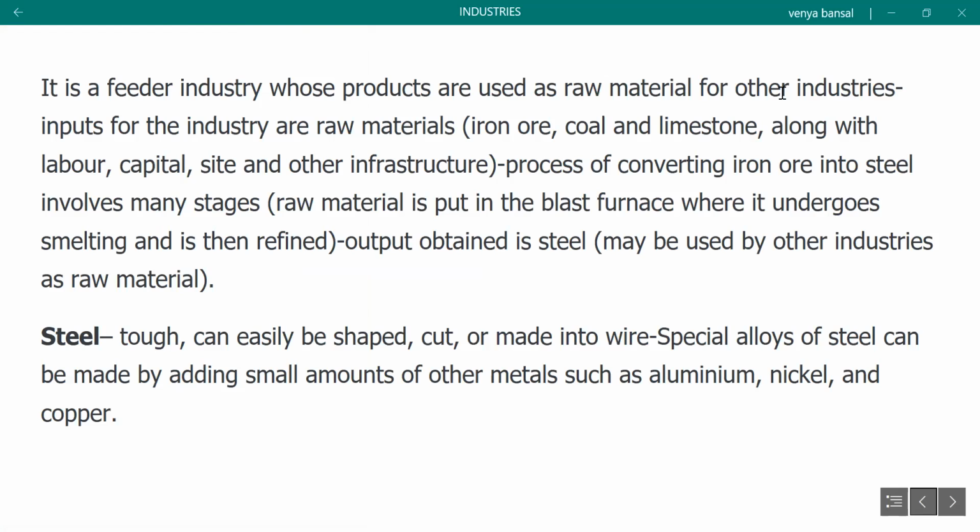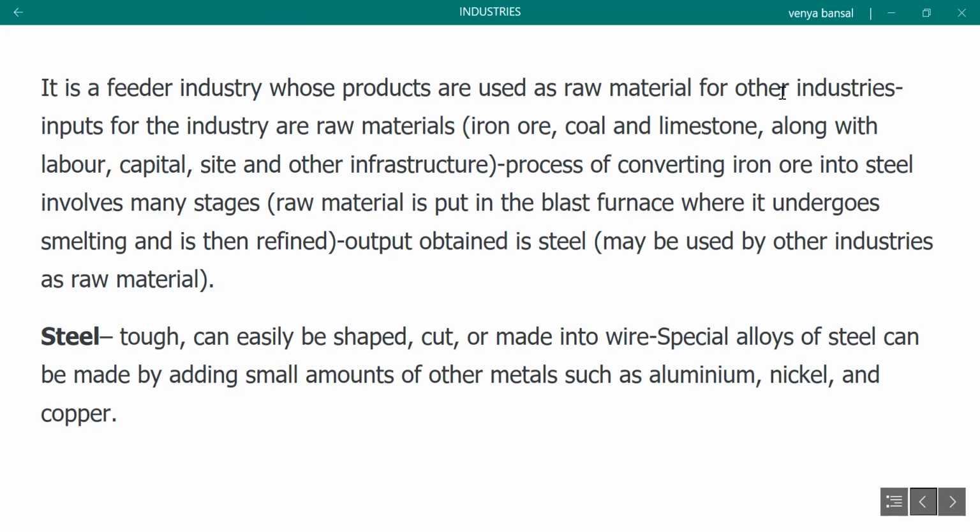Raw material is put into the blast furnace, where it undergoes smelting and is then refined, and the output we obtain is steel. This output, the final product of the iron and steel industry, is raw material for other industries. That is why it is known as the feeder industry, or the backbone industry.